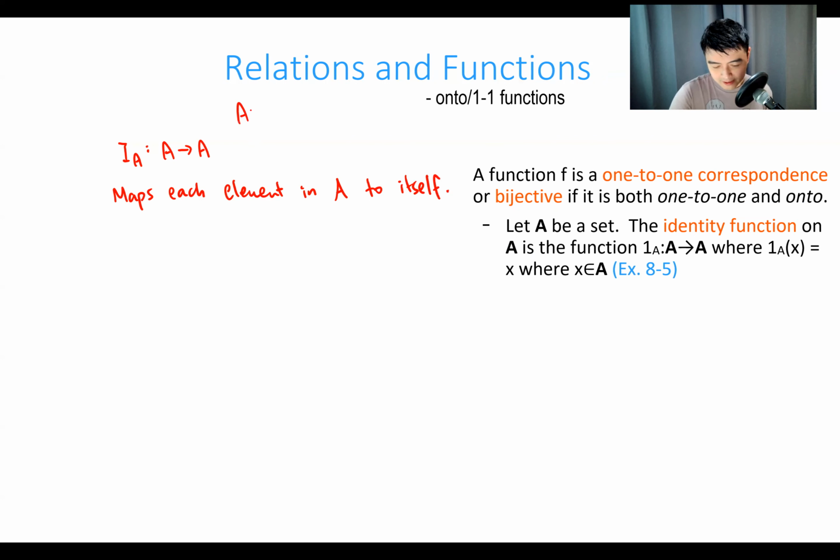So let's say A is the set ABC. Then the identity function of small a is equal to a. Identity function of b is equal to small b, and identity function of c is equal to c.